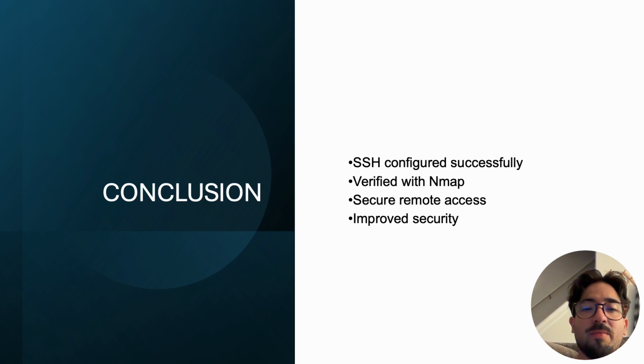I also validated the configuration using an Nmap scan from Kali Linux, confirming that the service is accessible. Additionally, by applying security hardening recommendations, the system can be better protected against potential attacks. This completes the configuration and demonstrates a secure implementation of SSH.